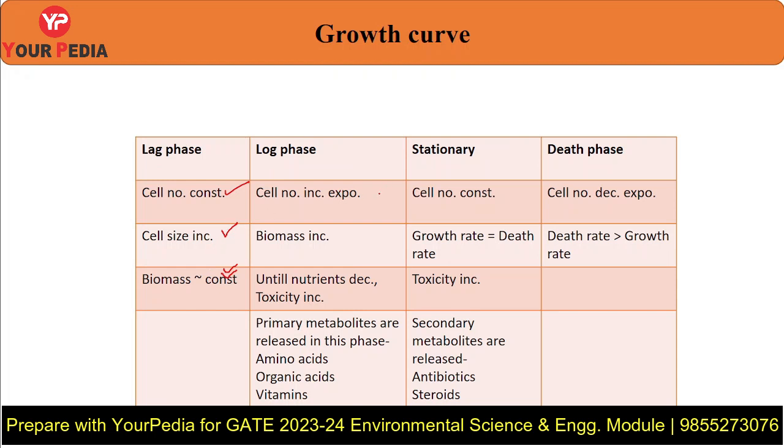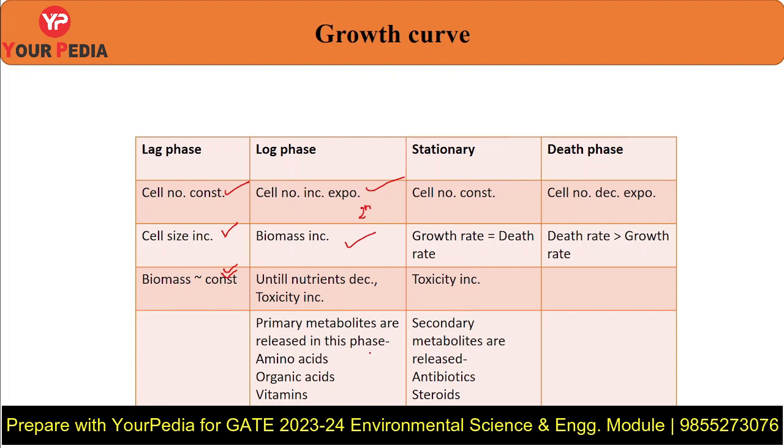In log phase, the cell numbers increase exponentially, of the order 2 to the power n, right? And biomass also increases proportionally. And the limiting factors here are nutrients and toxicity. The level of toxins which are present or produced during this phase.